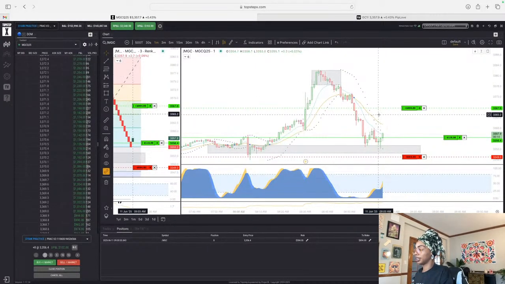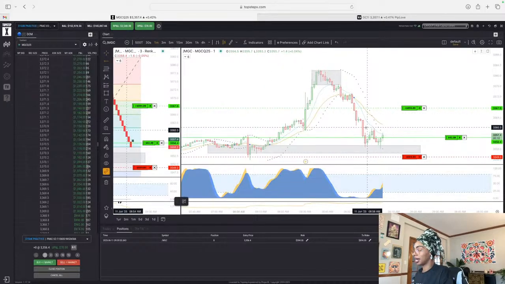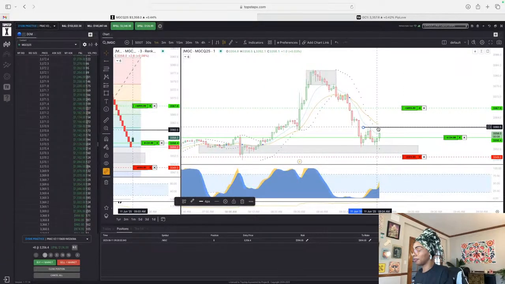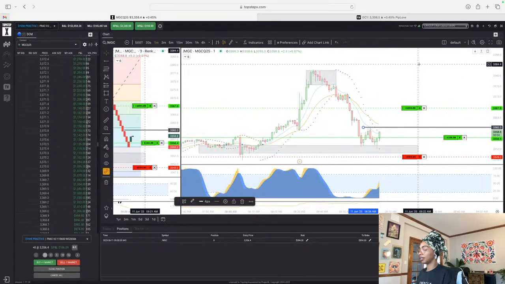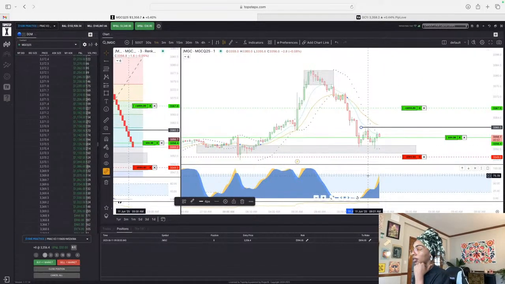Okay, so now what are we looking for? We're waiting for price to make higher highs, break above this 33.60 level, and continue to buy. We can see our RSI giving us some buying momentum.